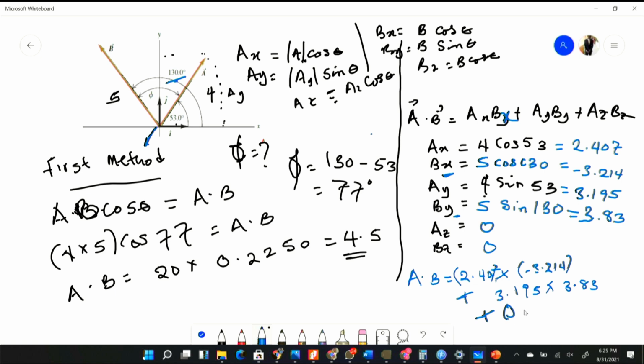So we have 0 multiplied by 0 because our question has no component along the Z direction. So therefore, if we work this out, we have A dot B is the same thing as 4.5. So we used different methods to arrive at the same answer.